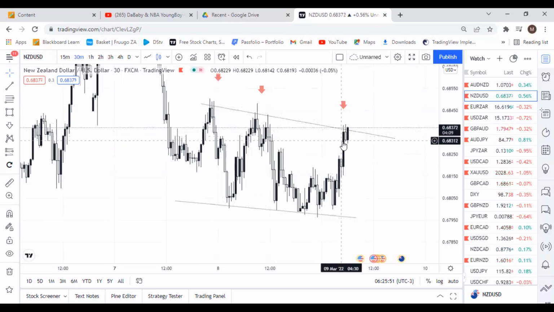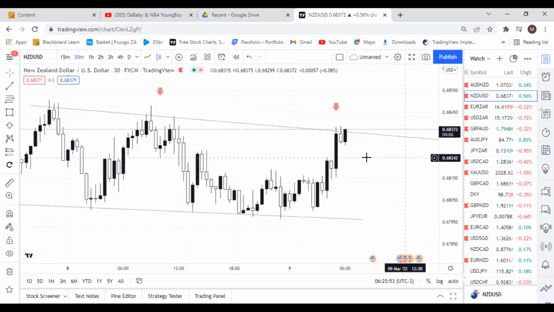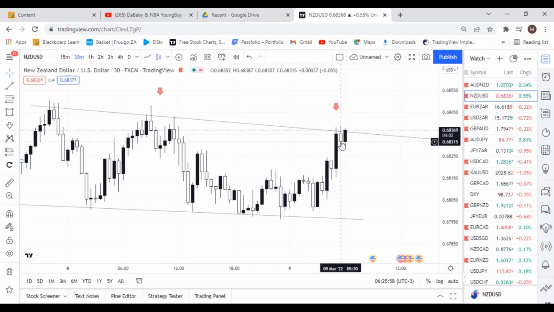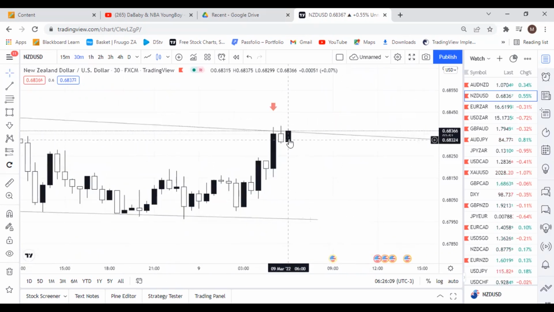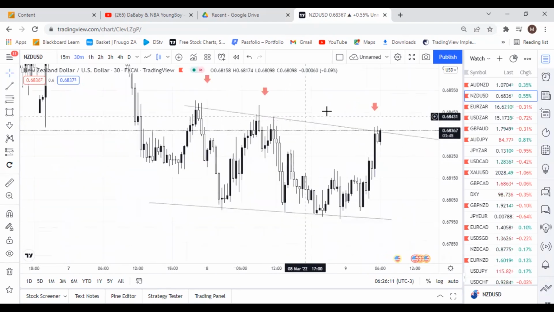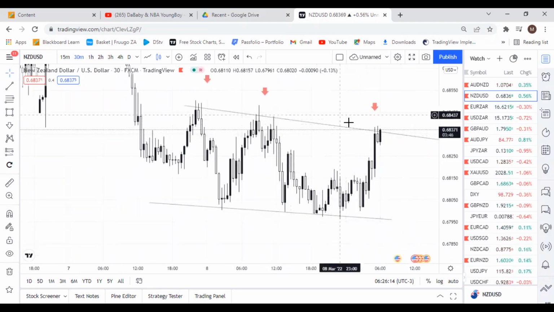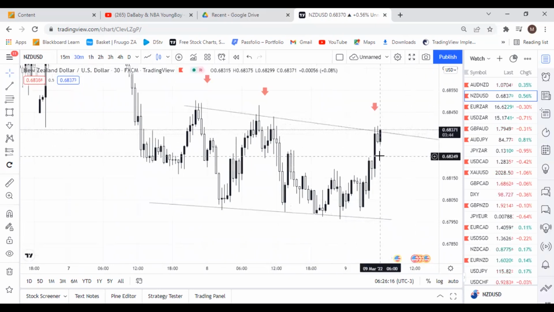If you were aggressive and entered after this selling candlestick, this bearish candlestick, thinking, oh, it's definitely reversing without waiting for further confirmation, you would have been in losses right now. As you can see, it's buying. It's buying. So waiting for those candlestick formations and confirmations is quite necessary.